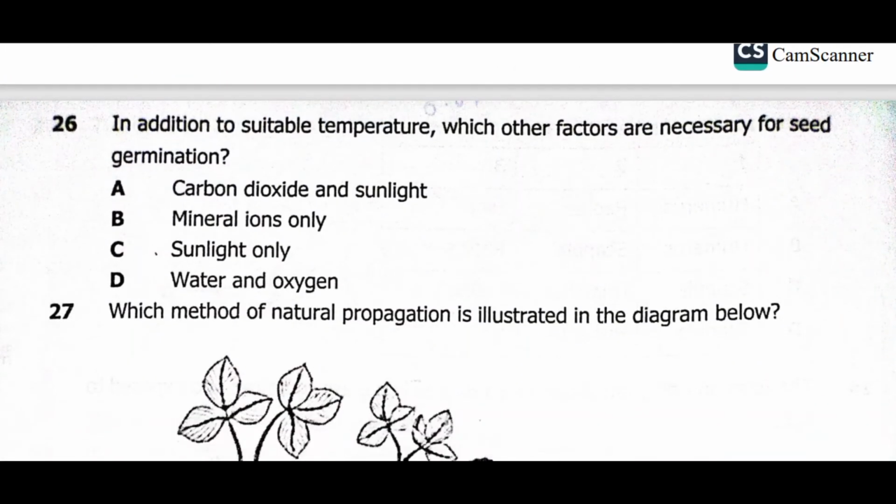Then 26, in addition to suitable temperature, which other factors are necessary for seed germination? So A, carbon dioxide and sunlight. B, mineral ions only. C, sunlight only. D, water and oxygen. So we need the water. Water is needed to soften the testa, then to dissolve certain solutes.